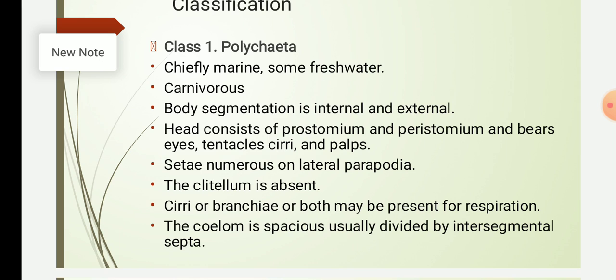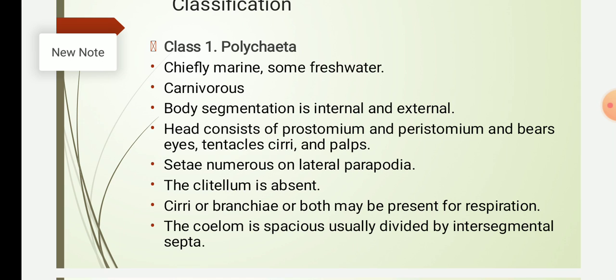Then cilia or branchia, or both, may be present for respiration. We have discussed the cilia. They are curl-like, long, and thickened, similar to tentacles, and they function in sensing.